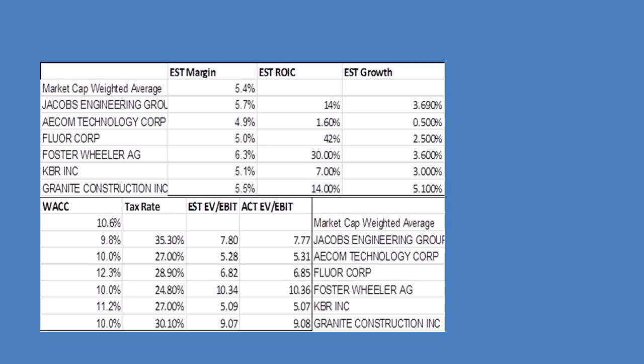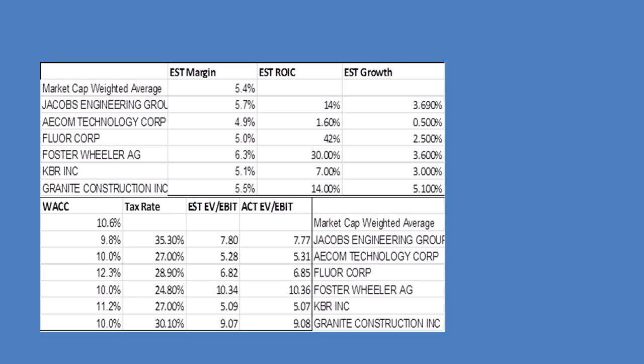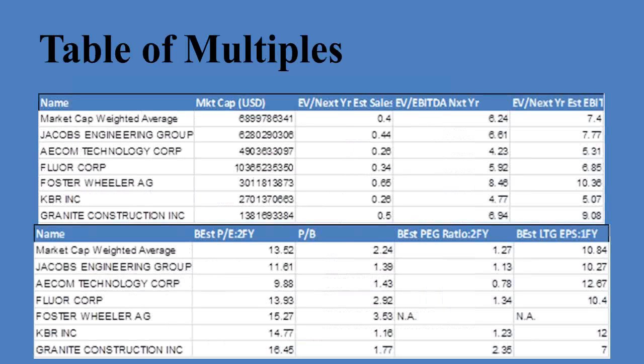And our company, Jacobs Engineering, has average ROIC, and taking into account their average WACC and their slightly above average growth, they rank third within EV to EBIT, while Foster Wheeler ranks the highest in this category due to their extremely high ROIC and their comparable growth to Jacobs.